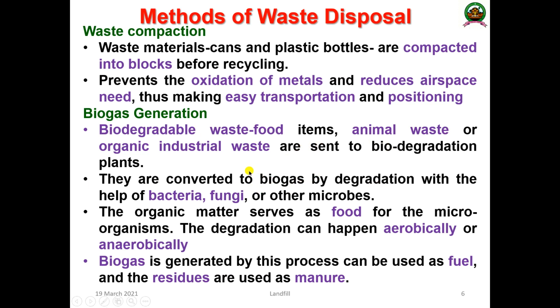The organic matter serves as food for these microorganisms, and the waste has plenty of nutrients. These microorganisms degrade these nutrients, and this degradation can happen both aerobically or anaerobically, and that creates the end product, a gas, that is methane and hydrogen.